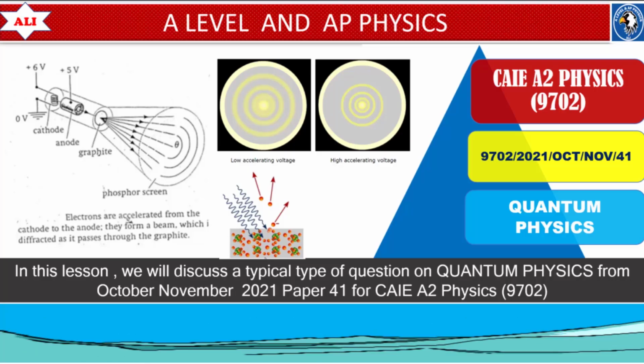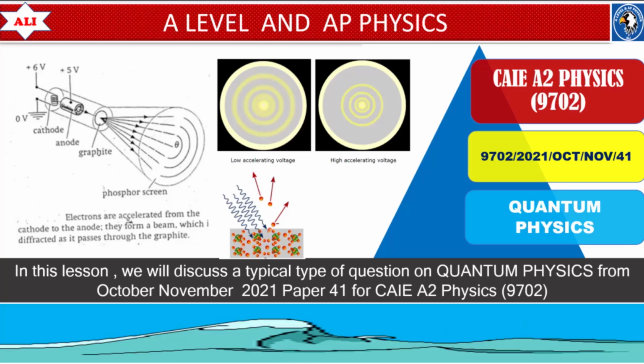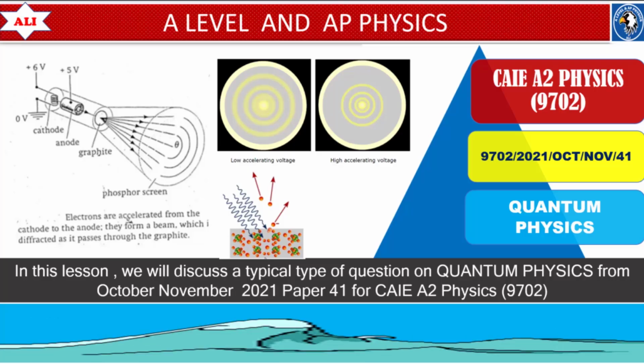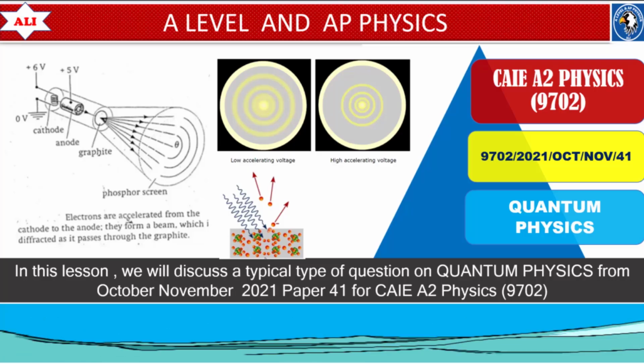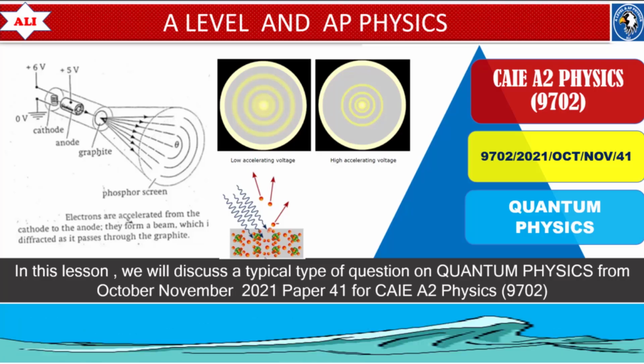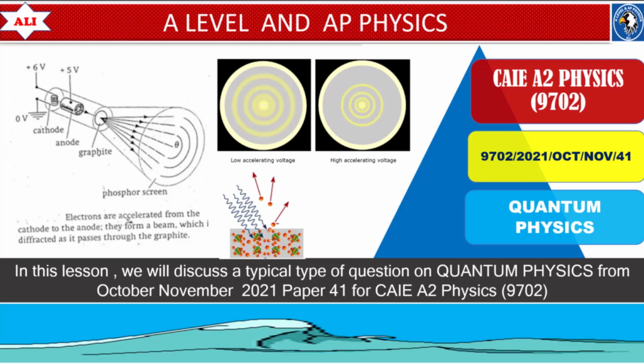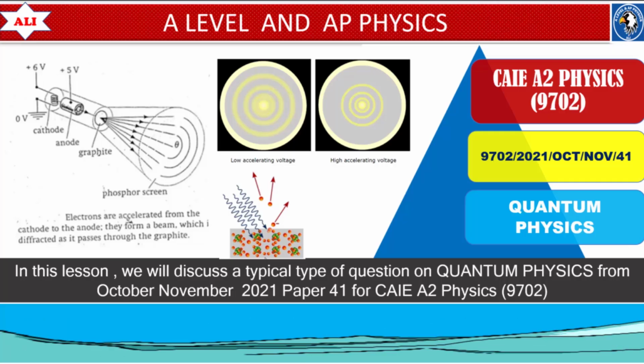In today's lesson, first of all, we will discuss the particulate nature of electromagnetic radiation, or simply the particle nature of electromagnetic radiation. We will also discuss the experimental phenomenon that provides evidence for the particulate nature of electromagnetic radiation.